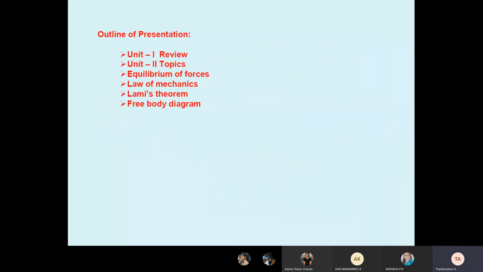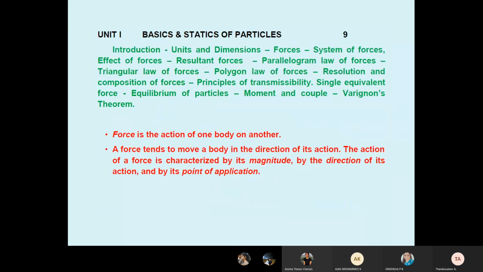First, we are going to review what we have learned, what we have discussed, what we have understood from the first unit. This is Unit 1, basics and the statics of particles.